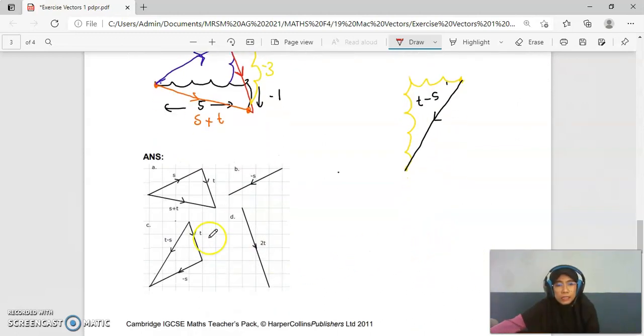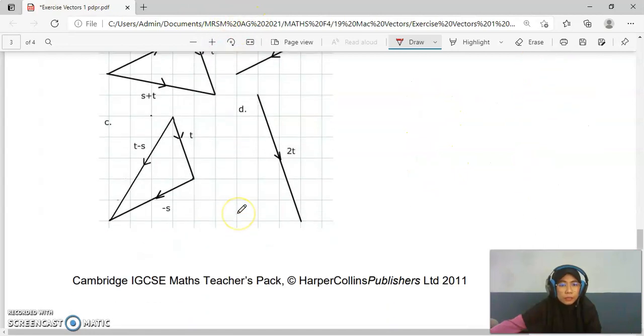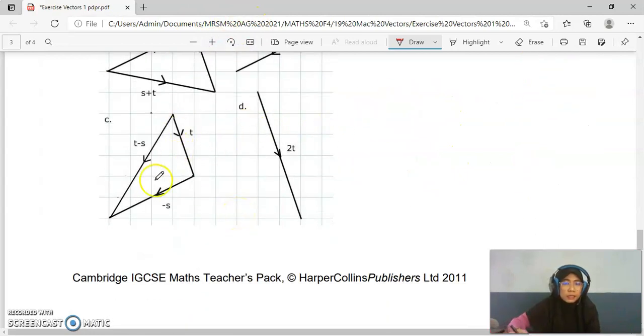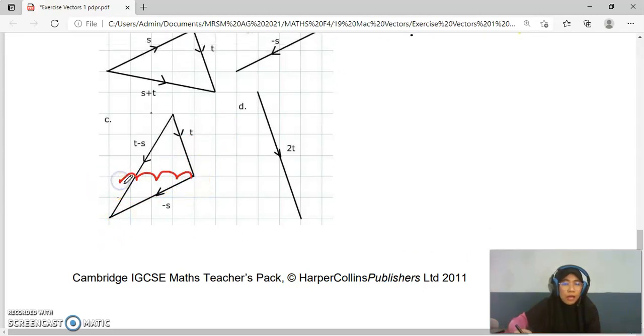So you can see when you draw on the grid lines it would be much easier. You can see this part is t minus s. And then negative s, which is 1, 2, 3, 4 to the left and 1, 2 downward. So this is the vector of negative s. And then 2t, you double the vector. The vector t is 1, negative 3 and 2t is 2, negative 6.